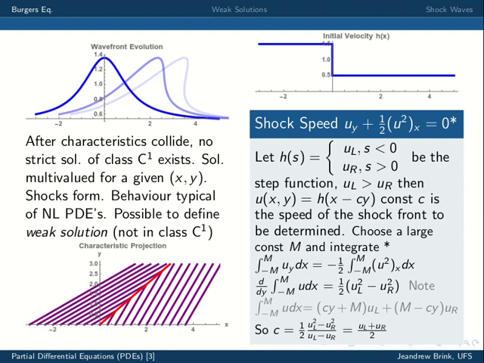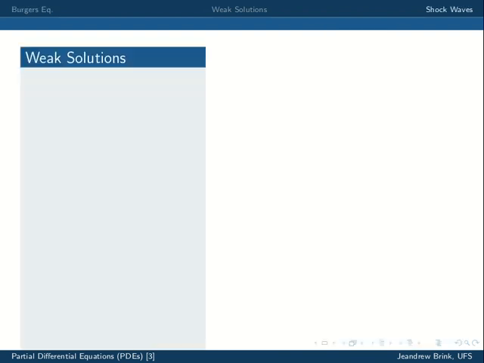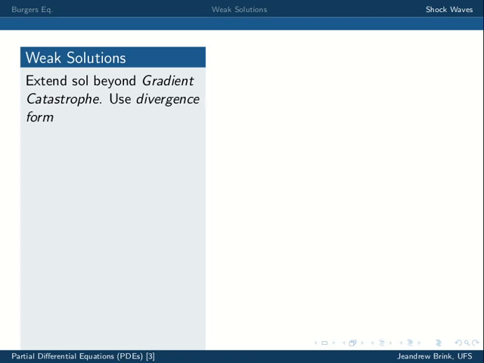Good, let's go on. Now I'm going to do a slightly more general problem. I'm going to look at these weak solutions that extend the solution beyond the gradient catastrophe, and it's going to be exactly the analogy that I've just given you, generalized. I'm going to look at a slightly bigger class of equations than Burgers' equation, in fact all equations that have this particular property.